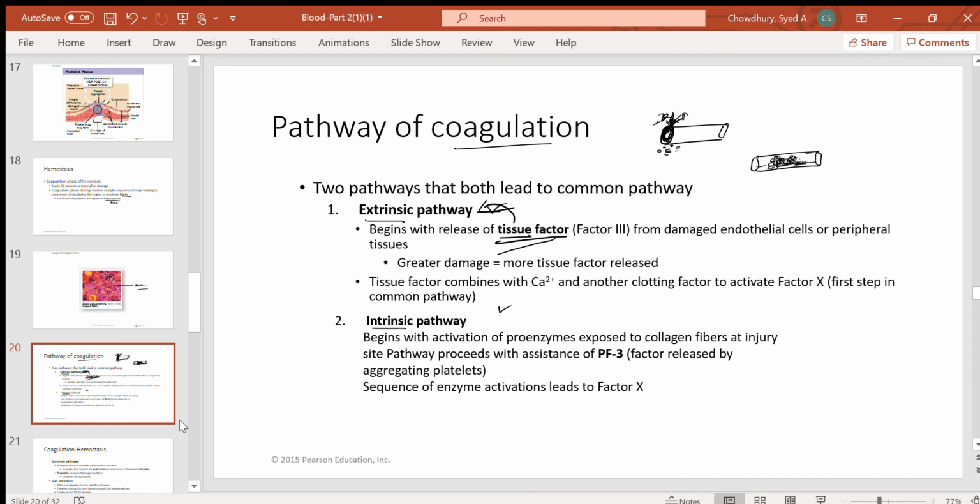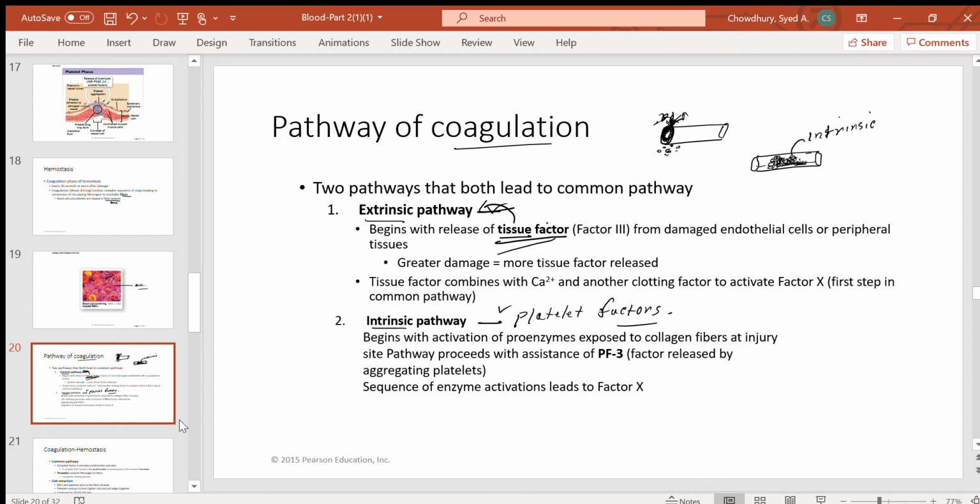When the platelet gets attached to the rough surface, it will secrete chemicals that make the surface sticky, and a plug is formed. So this is intrinsic. Now it makes sense, right? So platelet factors will initiate the intrinsic pathway, not the tissue factors.